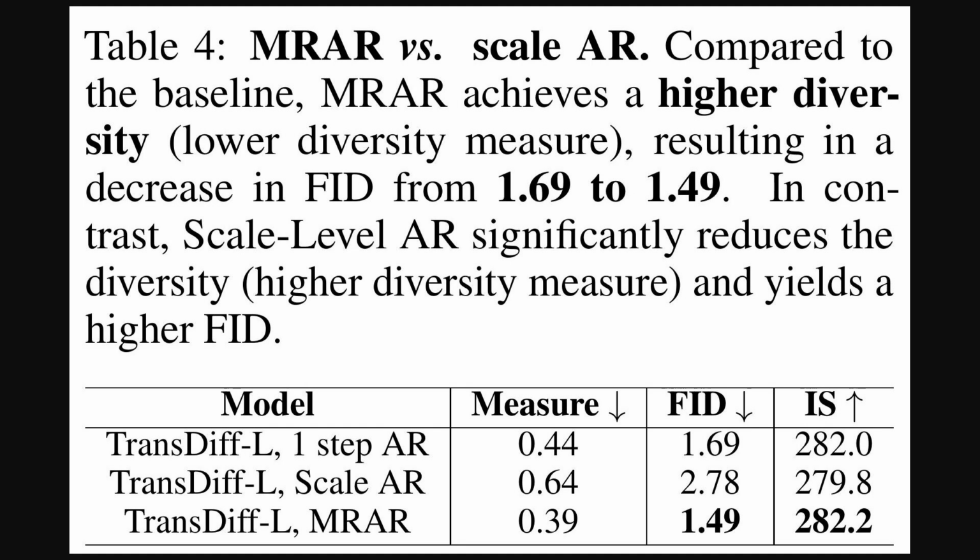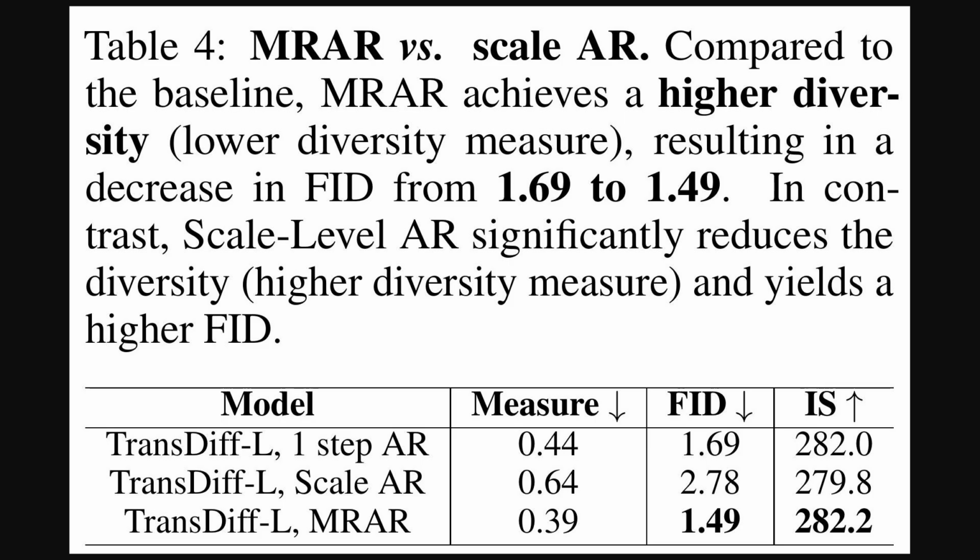This table then digs deeper into why multi-reference autoregression works so well. It compares the standard one-step autoregression, the older scale-level autoregression, and the new multi-reference autoregression. The key column here is measure. This represents the diversity of the high-level features, where a lower score is better.